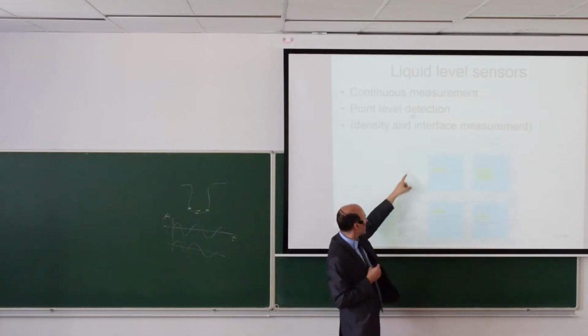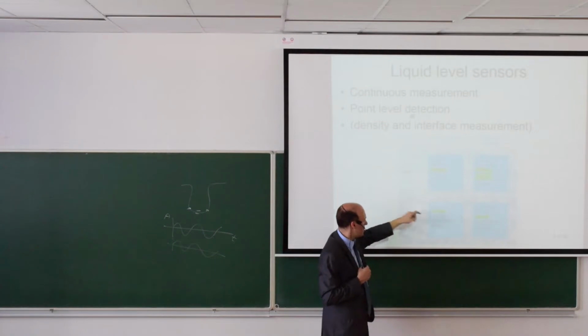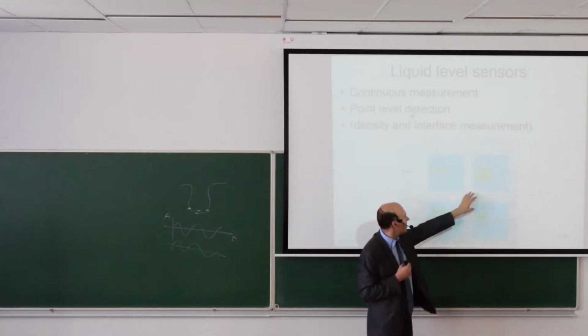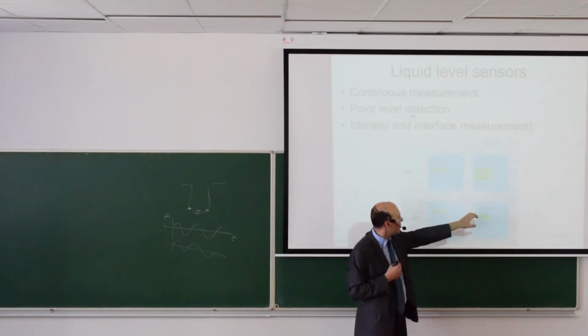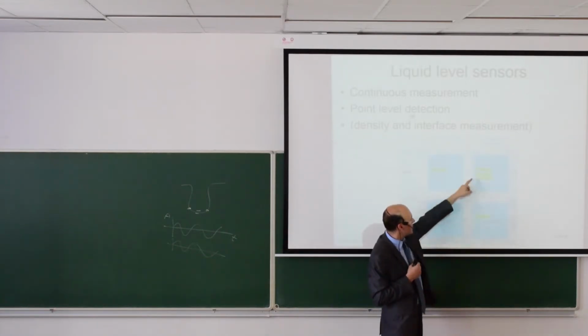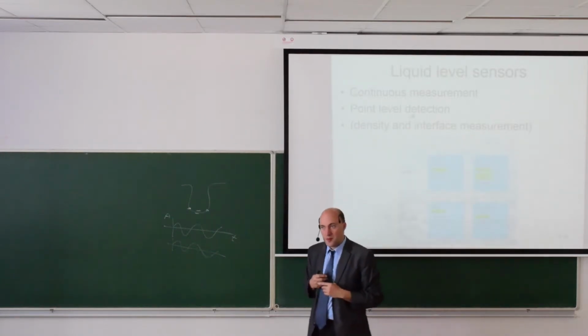Here, for example, you see liquid can use capacitive sensing, solids can use it as well. Continuous measurements could also use capacitive, for example, but most often it's using ultrasonic or hydrostatic principle.